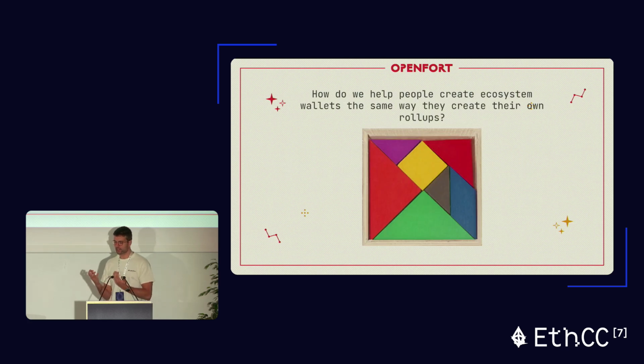So the question I like to pose here is, how do we actually help more game developers create ecosystems the same way that they today can create rollups, the same way that they today can create their own gaming chains?